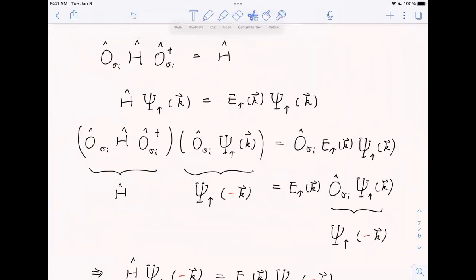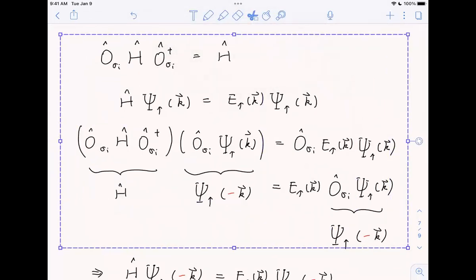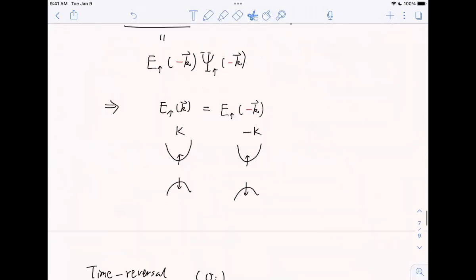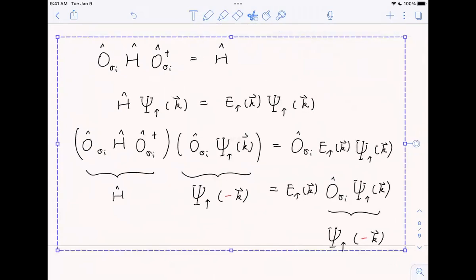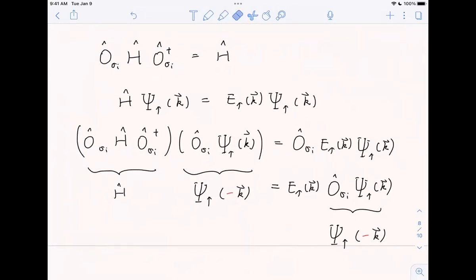I like this copy and paste function, very handy. Then all you need to do is change the name into time reversal.